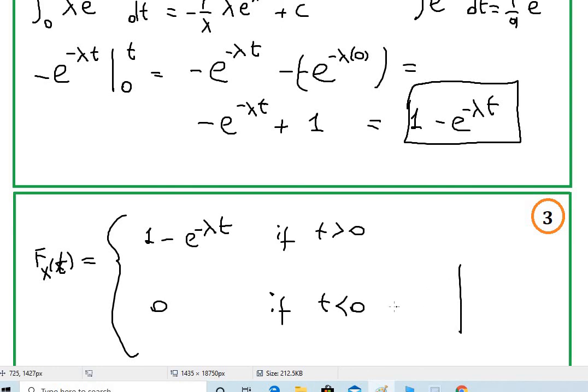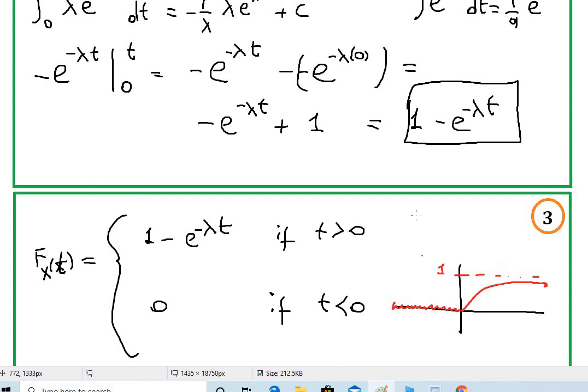And the graph will look like this. Our top point of the graph is 1, and it is 0 up to t, and after that it's going to be asymptotic to 1. It's going to look like this.